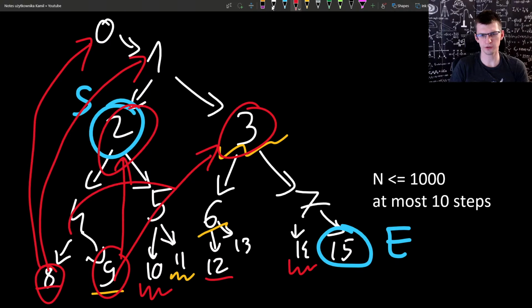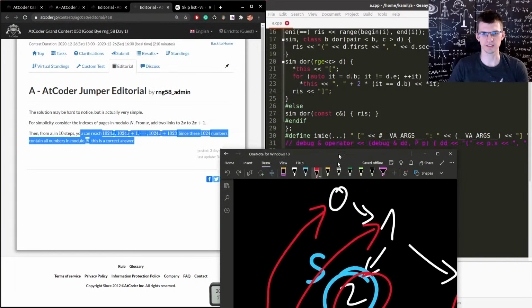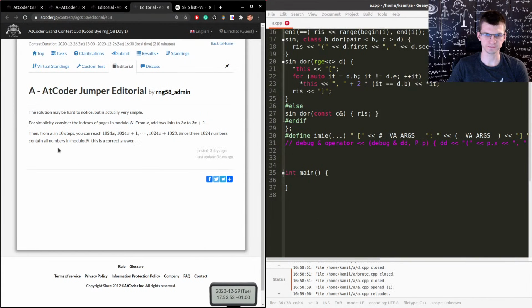Then from 10 to 4, 5, from 11 to 6, 7, and so on. My first idea would work if I didn't assume that we need an edge directly to the root. I see the proof. The proof is extremely easy and nice. You can get to an interval of values, modulo n.